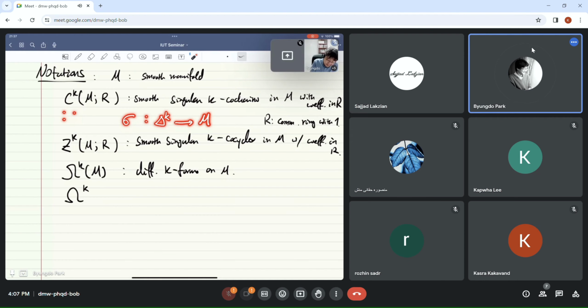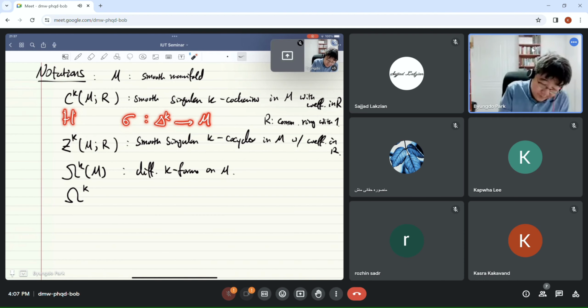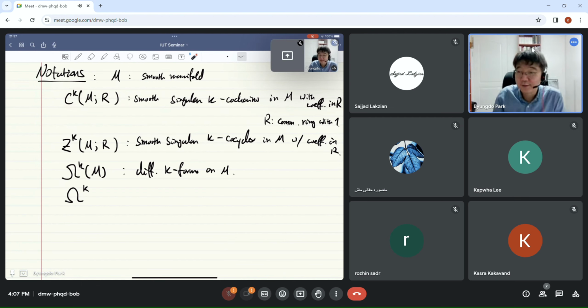This thing to be, the homology, H_k of M to R, right? So don't get confused. This is cochain, not chain. Is that good?